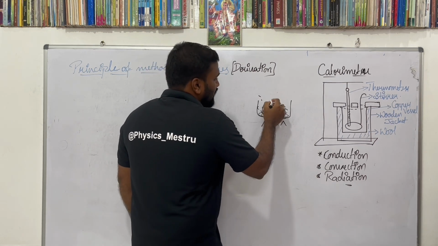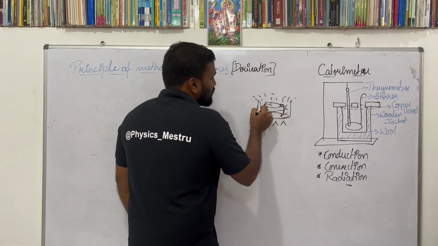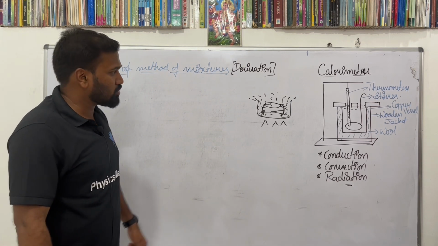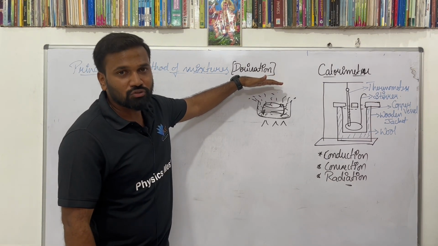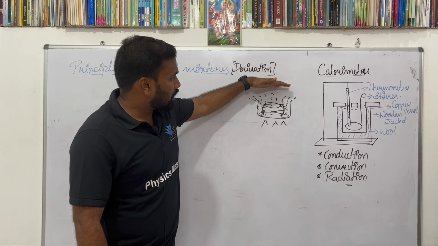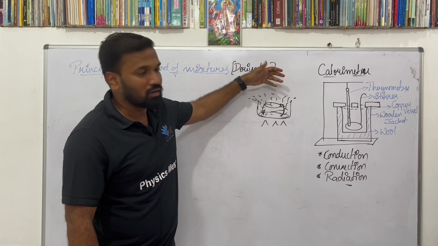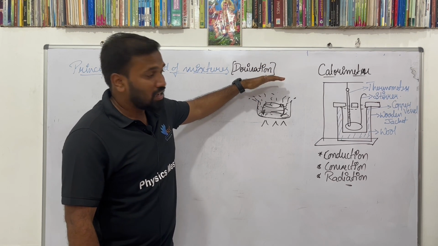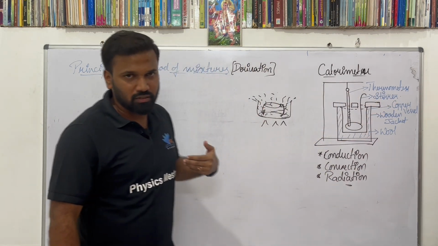Because of this heat transfer, through water vapors, or through the process of radiation, the heat will be lost to the atmosphere. If we keep our hand above boiling water, we can feel the heat. Clear? That type of heat transfer is nothing but radiation. The best example for radiation is the sun's rays coming from the sun.